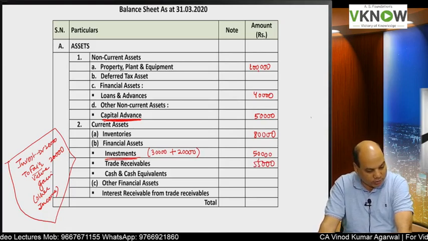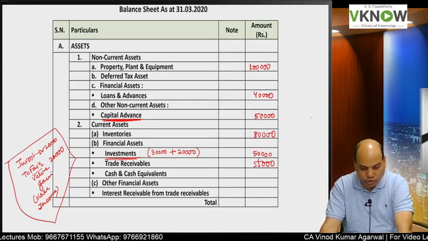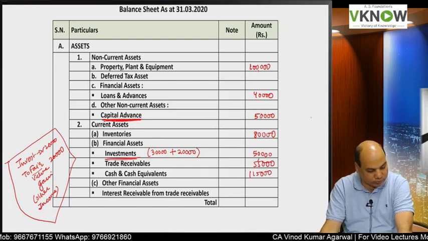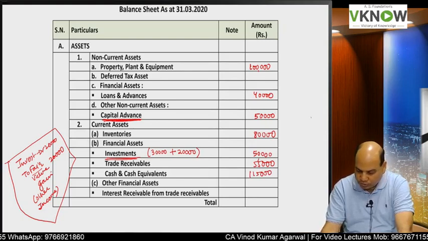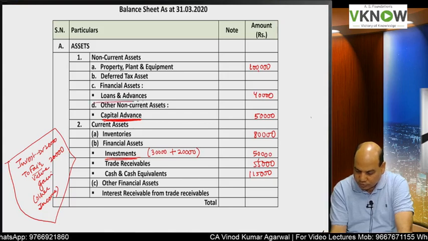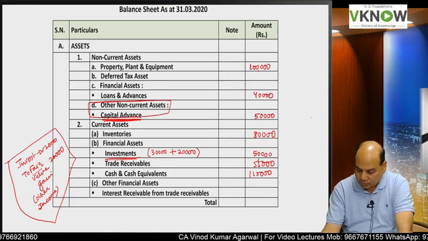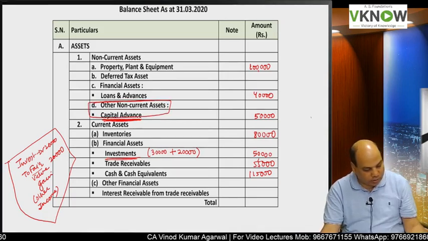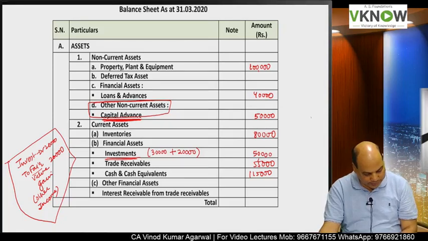Then cash and bank, no adjustment, 1,15,000. Other current asset 51, that I think we have regrouped here under other non-current asset, 51,000. Is it right? Capital advance, wait. Other financial assets.